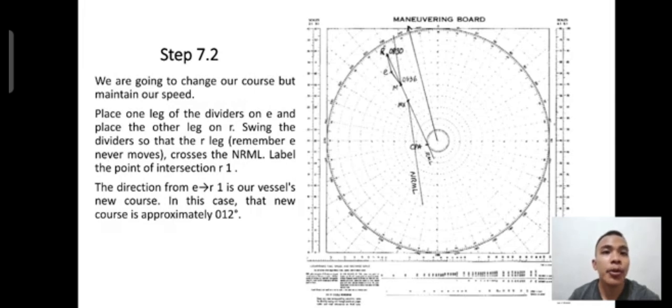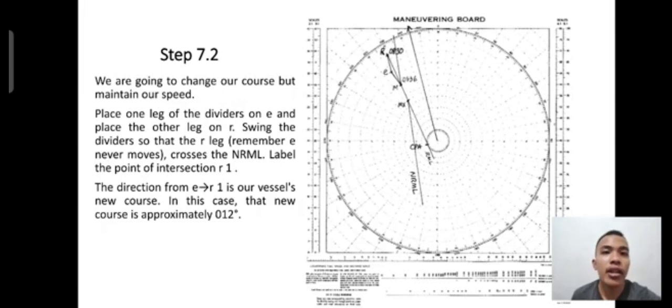Step 7.2. We are going to change our course but maintain our speed. Place one leg of the dividers on E and place the other leg on R. Swing the dividers so that the R leg, remember E never moves, crosses the NRML.